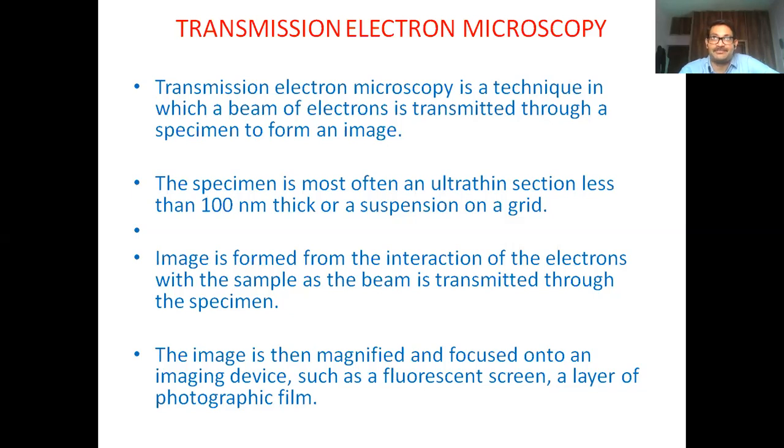Unlike SEM, which is a surface characterization that measures only surface properties and forms an image from reflected, scattered electrons, so size is immaterial there. But in TEM, size plays a more important role.